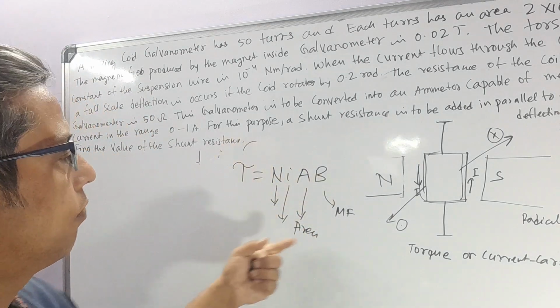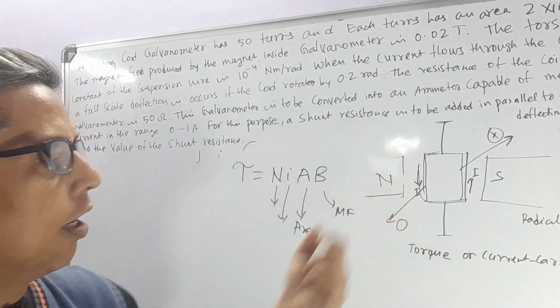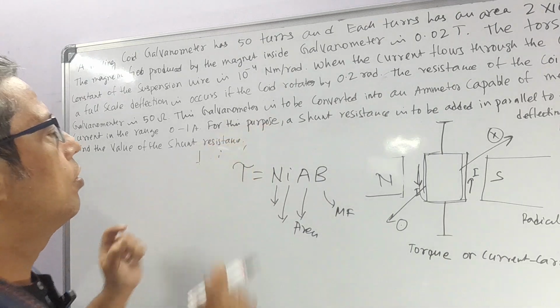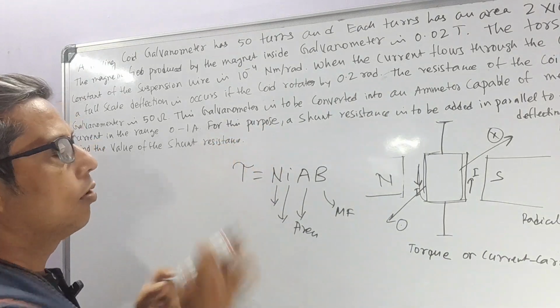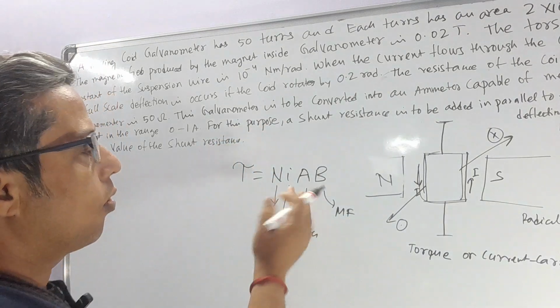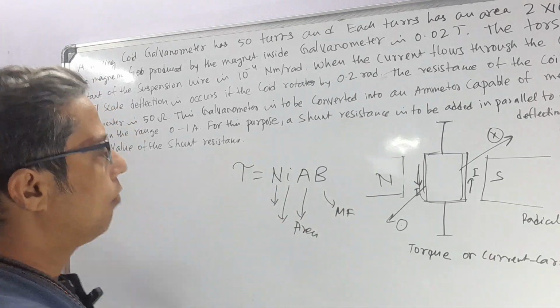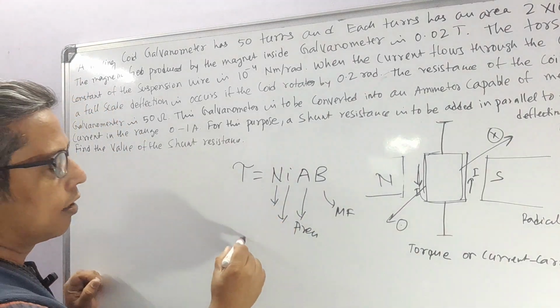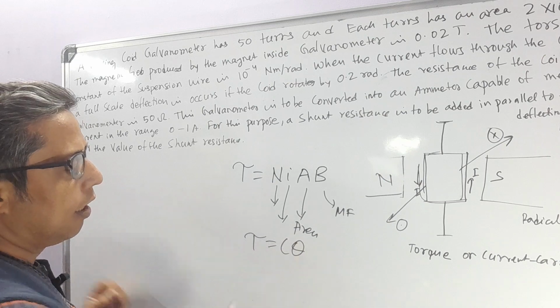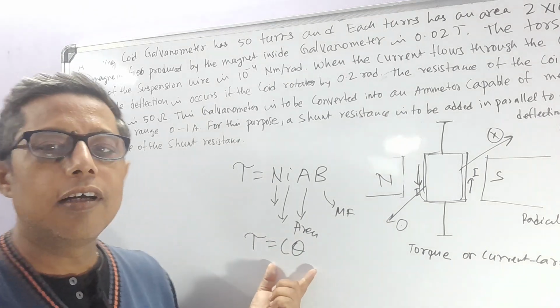Because you know that the net magnetic force on this coil will be 0, but this torque will be present. Now this torque gets balanced by the restoring torque or restoring couple.